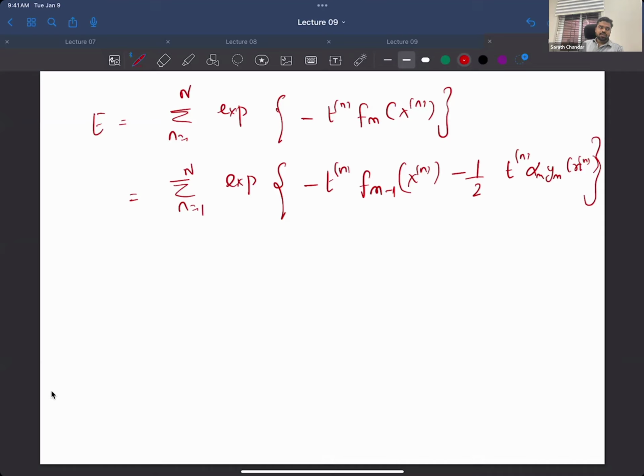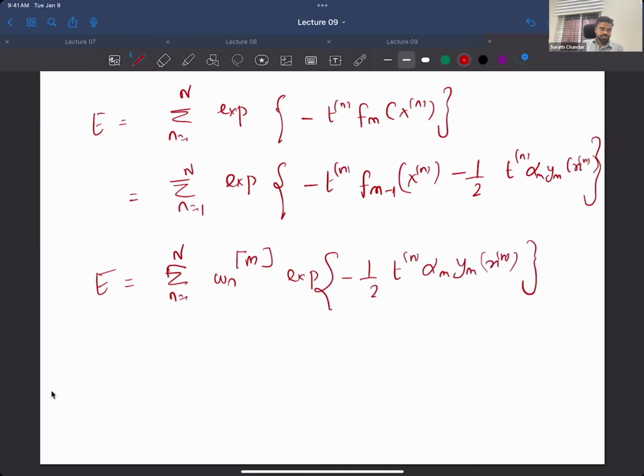So I can write this as summation n equals 1 to capital N of w_n^m times exp of minus 1 over 2 Tn alpha m ym of xn, where w_n^m is exp of minus Tn Fm minus 1 of xn.